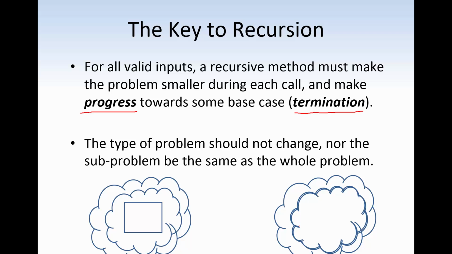I don't get a smaller cloud, I get the same size of problem. That's an issue. I need to make sure that I'm getting smaller problems each time, or I'm simply not going to make progress. I'm not going to get towards that base case. I'm not going to be able to terminate. I just get stuck there. I get out what I put in.